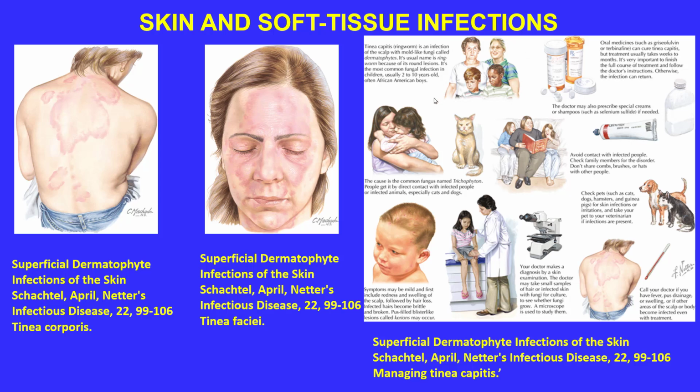A lot of times what's going to happen is somebody who's very, very young or someone who's very, very old is going to have less resistance. And by the way, if it hasn't caught up, the Tinea capitis is also well known as ringworm. It has nothing to do with worms. Okay?